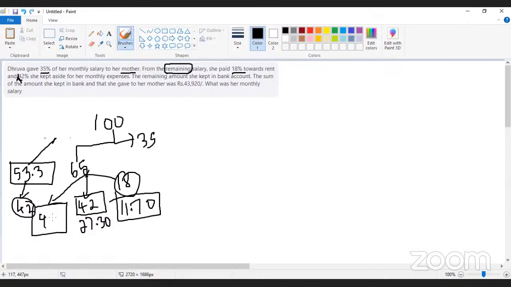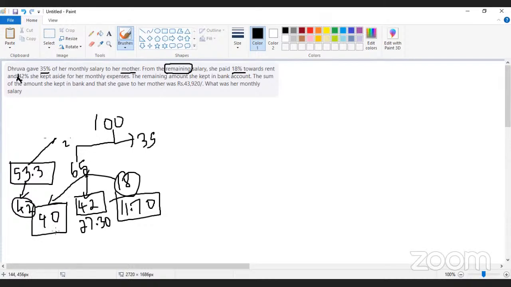But what is this 40% of this? 0.4, so 65 times 0.4 is 26.